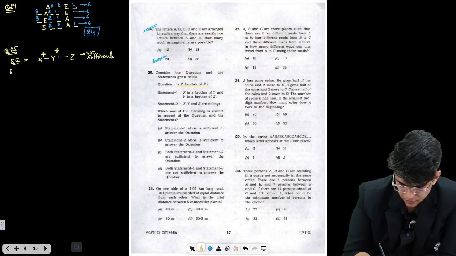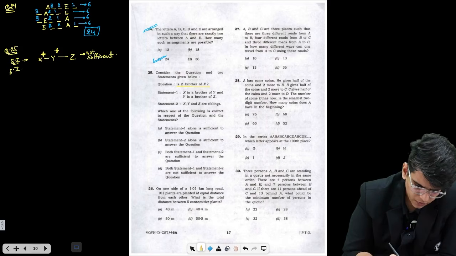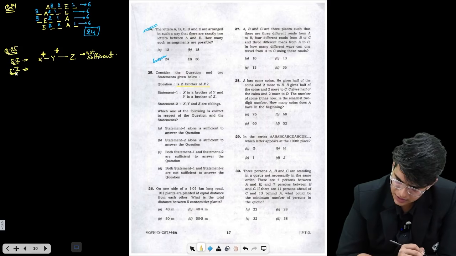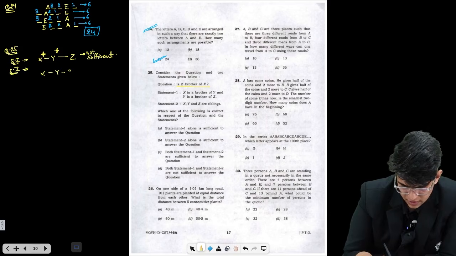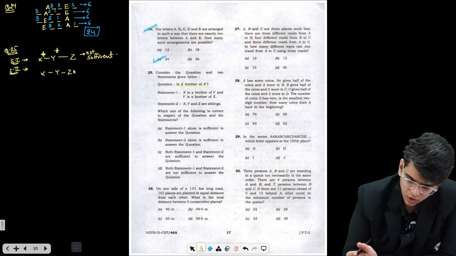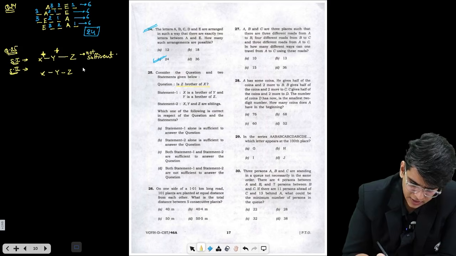Let's move to statement 2. Here X, Y, Z are siblings. So basically these are in the same generation, but we don't know the gender of any of X, Y, Z. This is not sufficient.